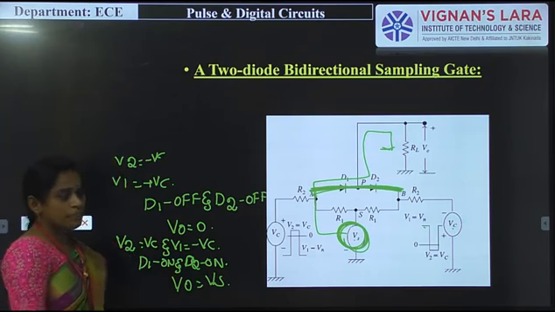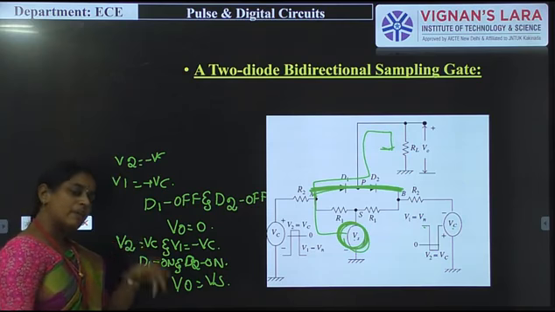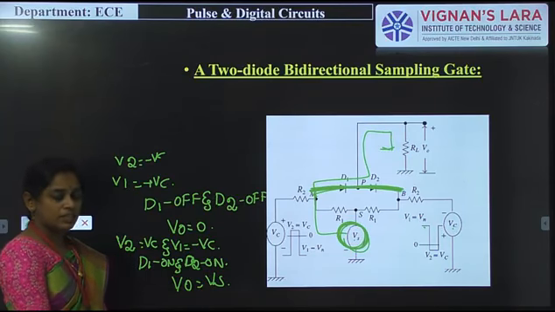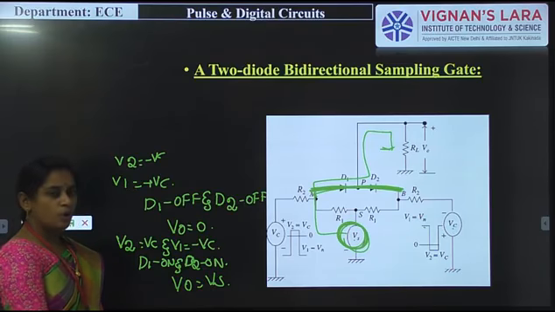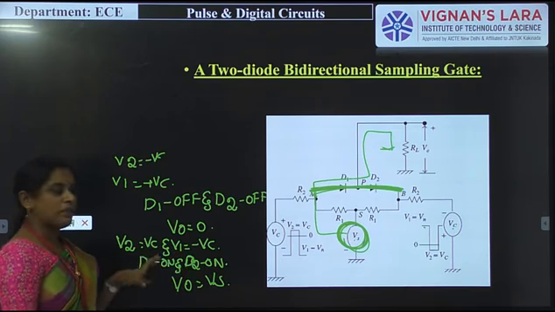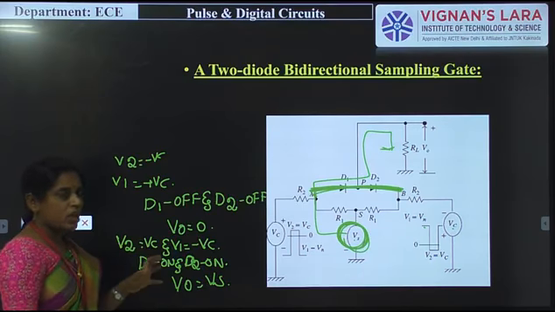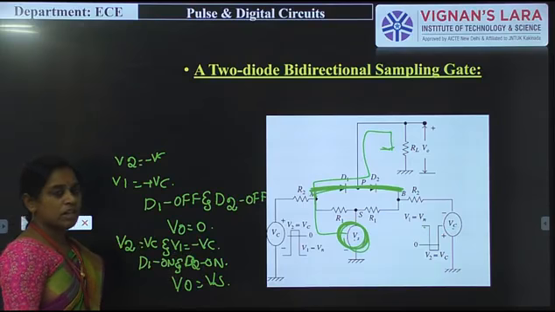Why? Because here I am using diodes, not a transistor. A transistor can act as an amplifier, so there would be a chance of phase shift, but here no transistor is used. That's why the diodes can be replaced with a short switch, and whatever the input signal is reaches the output side.